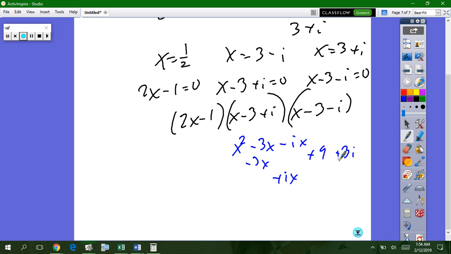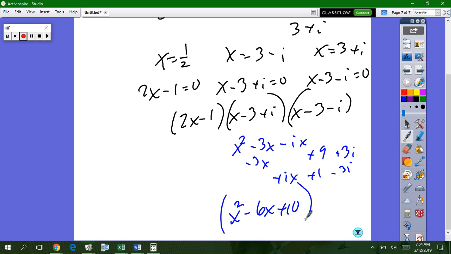Oh, that should be a plus. Sorry. Minus 3i. And then I have negative i squared, which is plus 1. Okay? Combine like terms, I get x squared minus 6x plus 10.